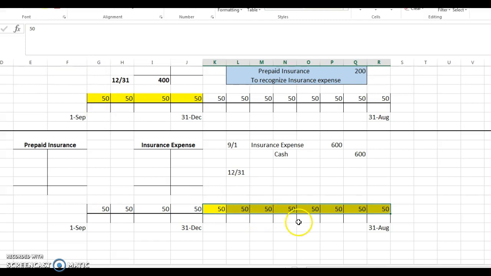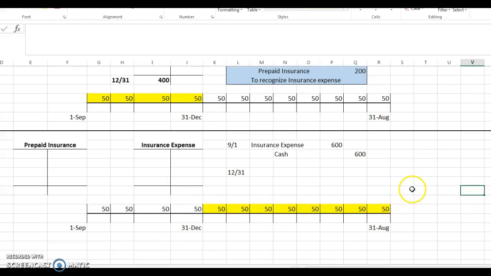Right? 8 months. 8 months for which we have not incurred an expense yet. It hasn't happened because the time hasn't passed. So those 8 months here, the equivalent in dollars, which would be $400, needs to be taken out of expense. It truly is not an expense yet. It's a prepaid.